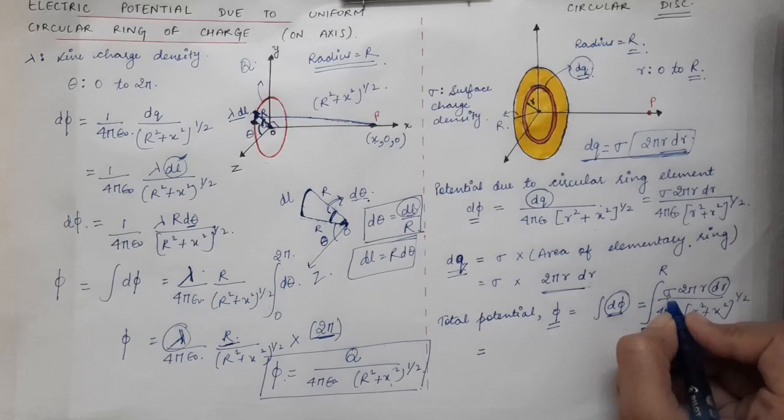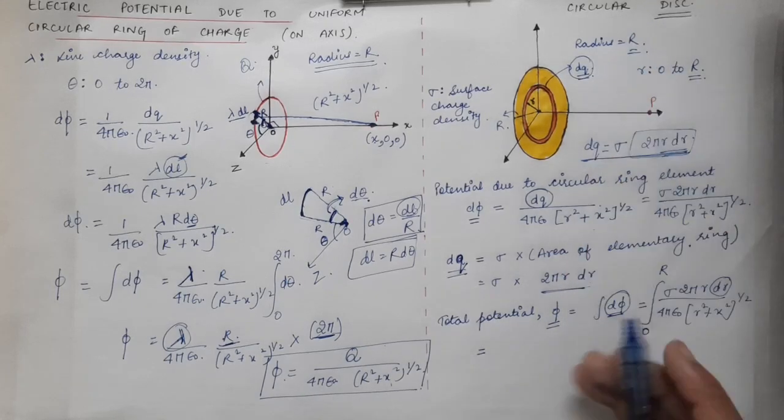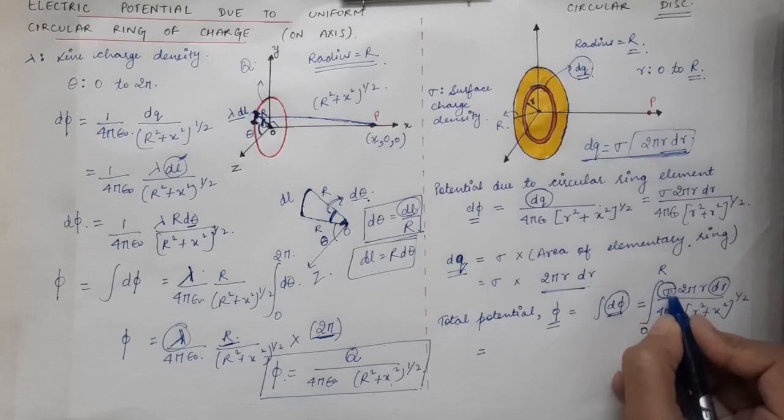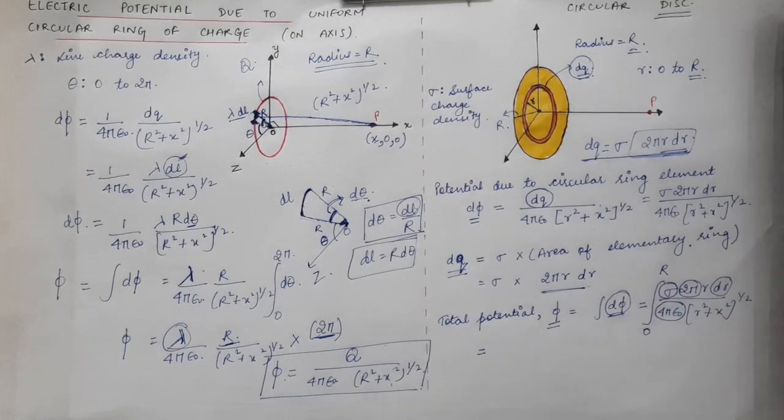Over here we have already said that this disc is uniformly charged. So this sigma can be taken outside the integration. This 2 pi is also constant, and this 4 pi epsilon naught is also constant.